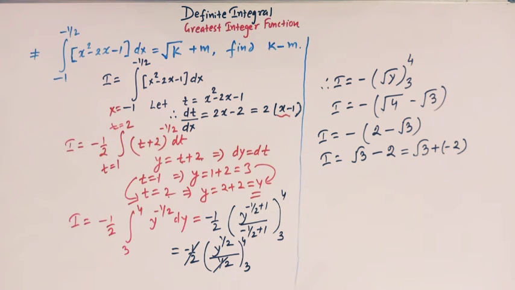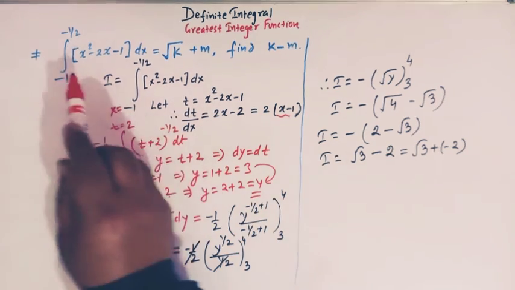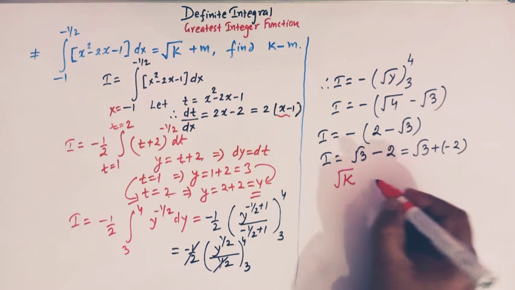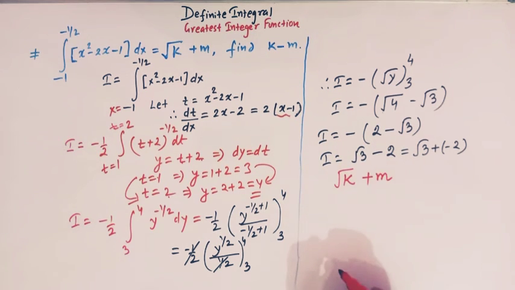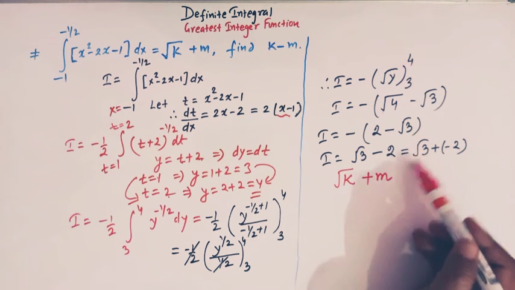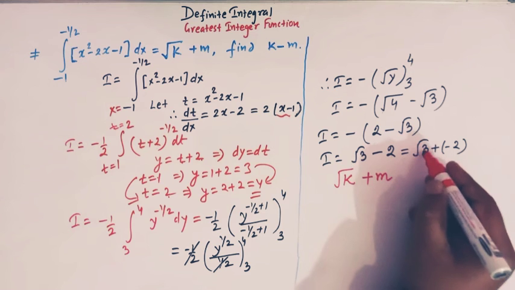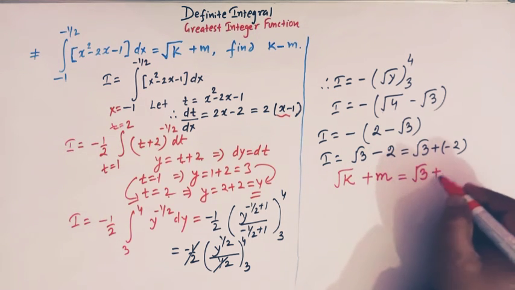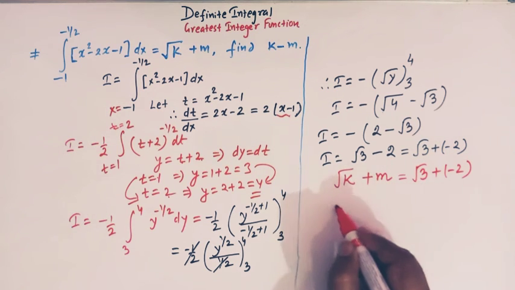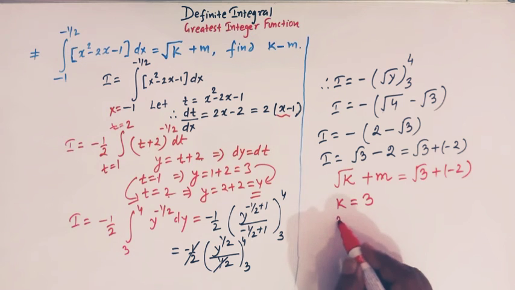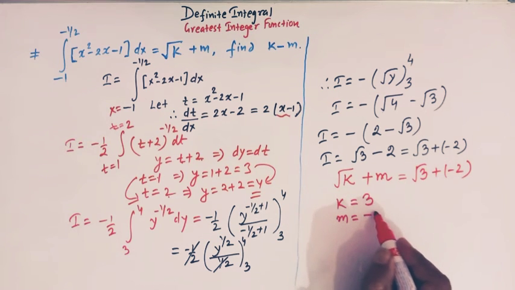And in the given problem, we are given the value of this integral as square root of k plus m, right? And now if we compare these two expressions, because here we have square root of 3 plus (minus 2), we get k is equal to 3 and m is equal to minus 2.